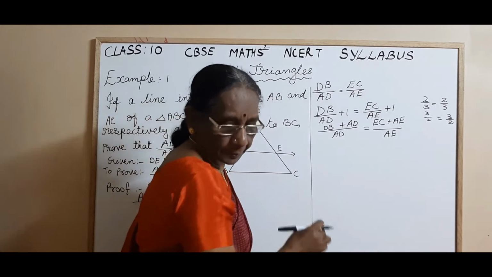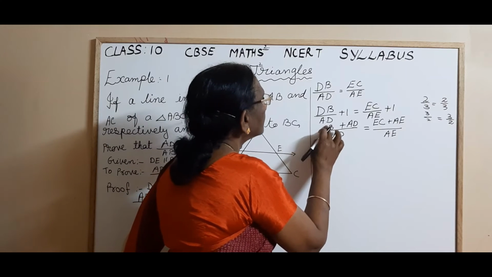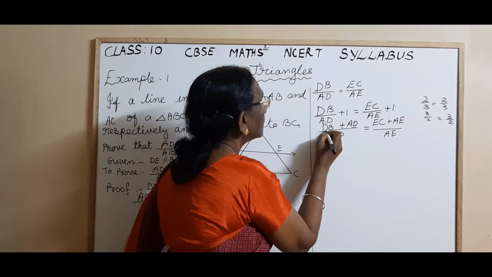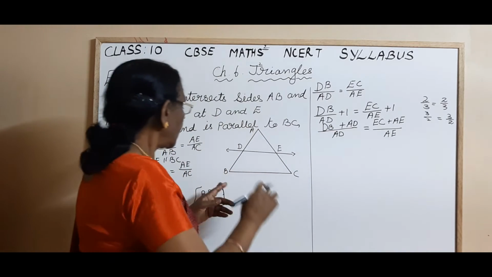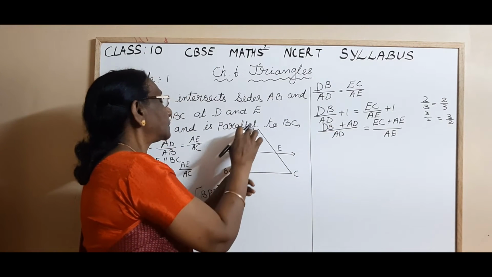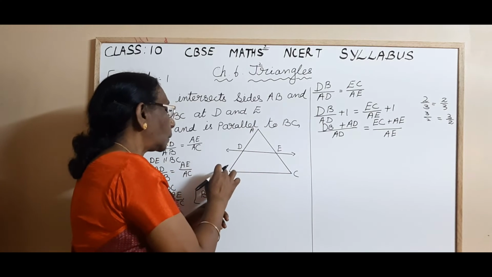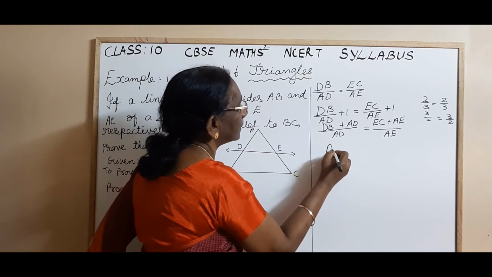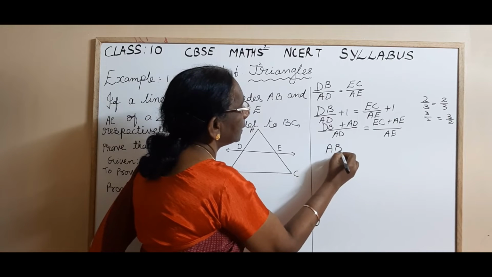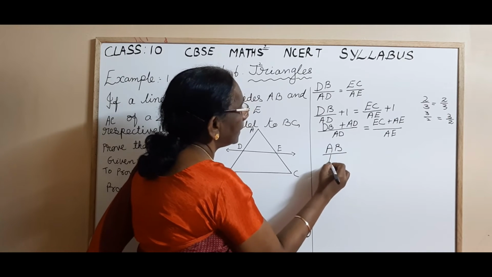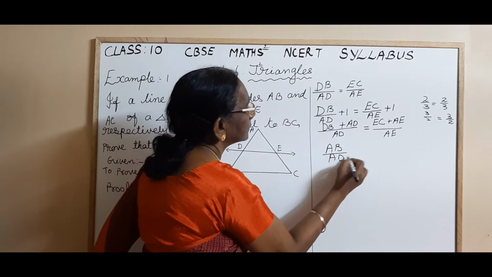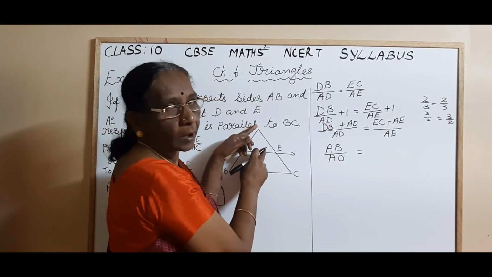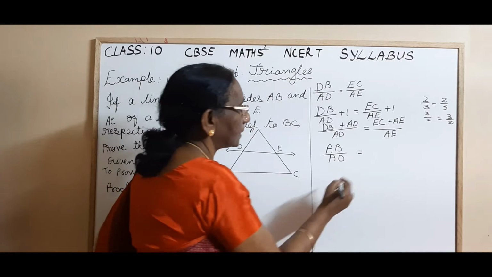Now what is this, DB plus AD? DB plus AD is what? The whole length. So here you can write it as AB by AD. Again, EC plus AE is what? The whole length AC.